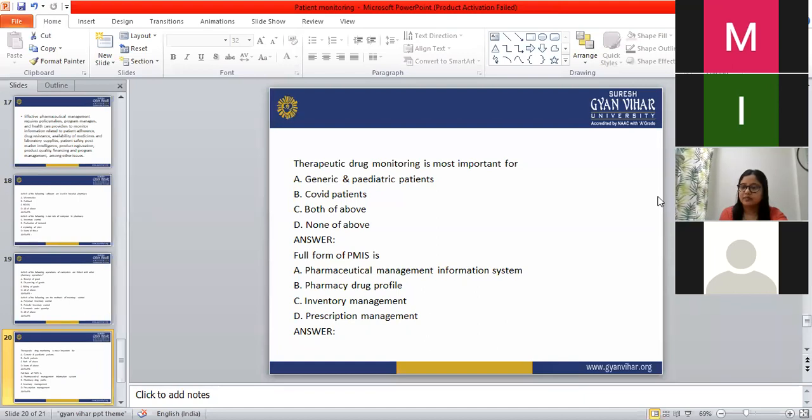What is the difference? This is not genetic, this is generic. Okay. Generic means all the patients, excluding the pediatric. Pediatric patient is... Okay, tell me, who is the pediatric patient?